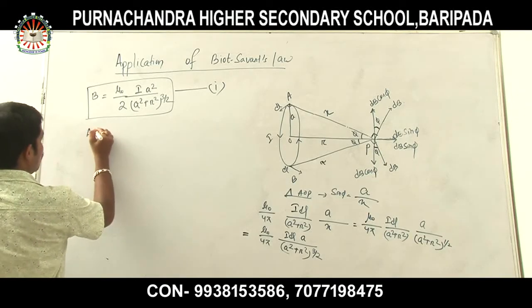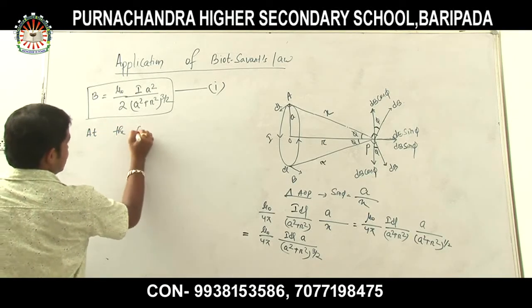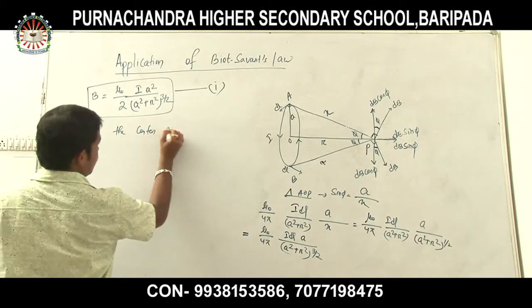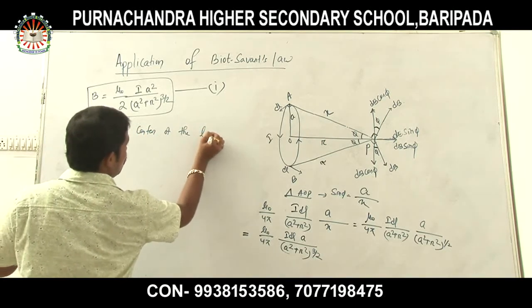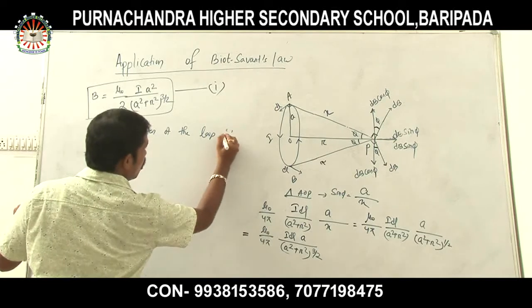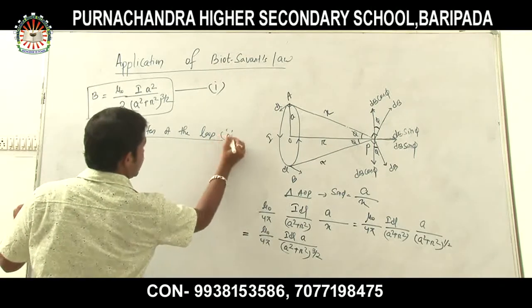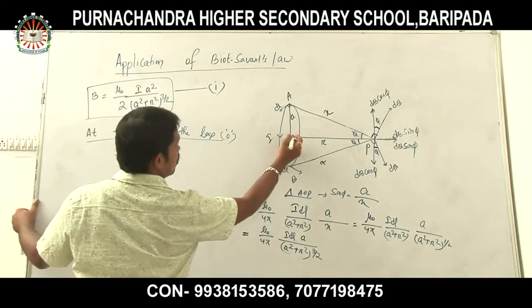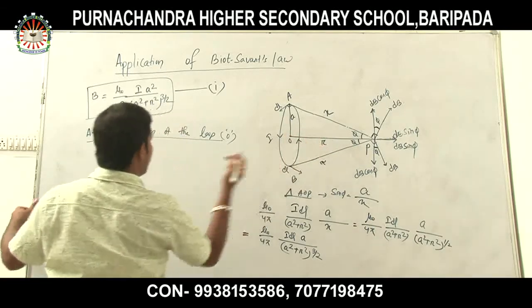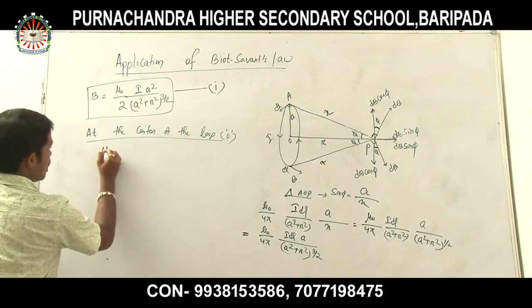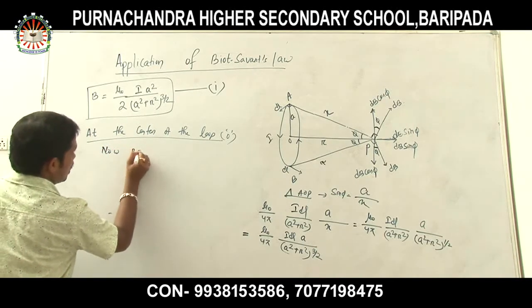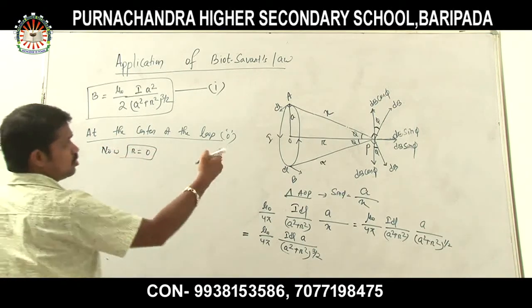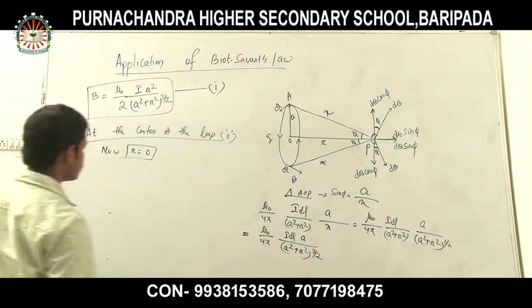But you have to find it at the center of the loop, that is O. Center of the loop means here I have to find it. So if I find it here, then the r value becomes 0, because we have to find it at the center.